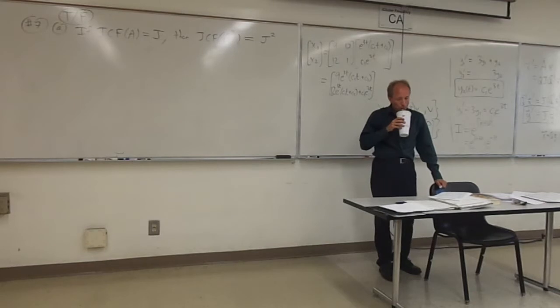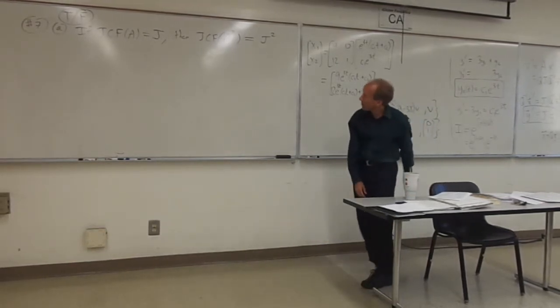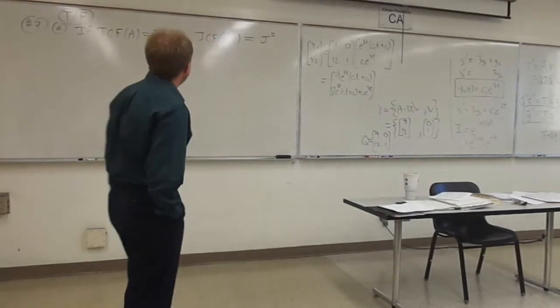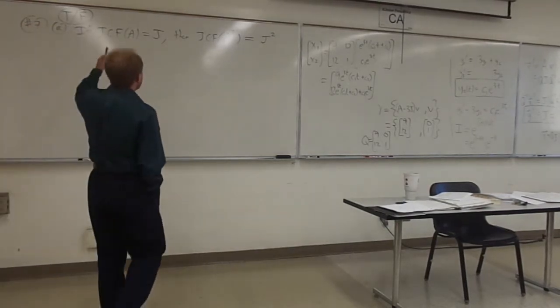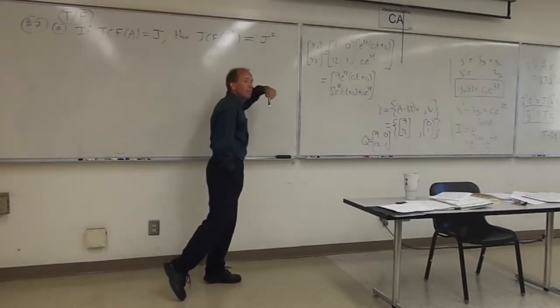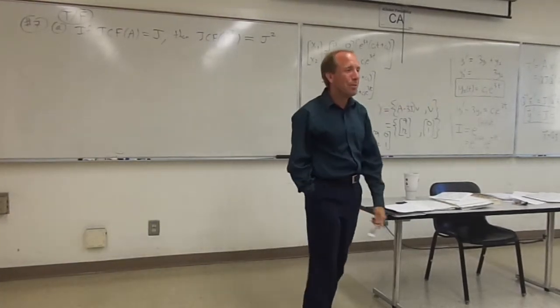Well, that's a good question, I guess, hopefully. So if you have a matrix and you find its Jordan canonical form, then is it true that if you square the matrix, its Jordan canonical form is the square of the Jordan canonical form of the original matrix?